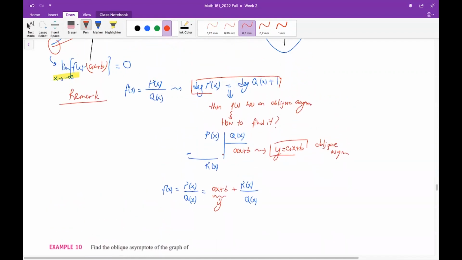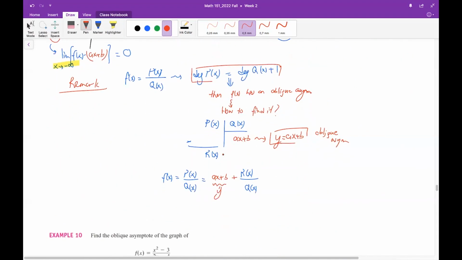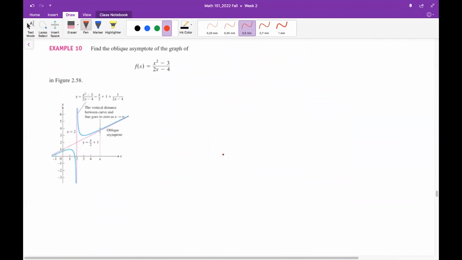Okay, let's try to apply this kind of stuff in an example. Okay, our first example, find the oblique asymptote of this graph. You look at the degrees, please. Okay, the degree of the numerator is 2, while the degree of the denominator is 1. Degree is 2, degree is 1.